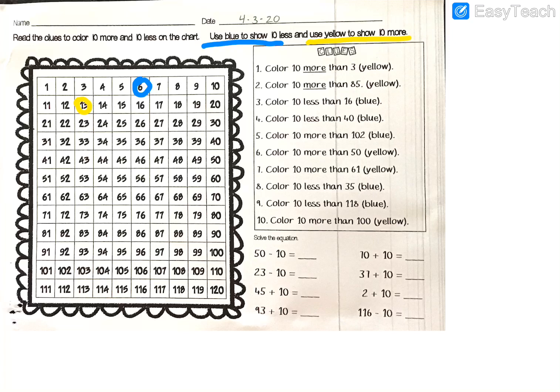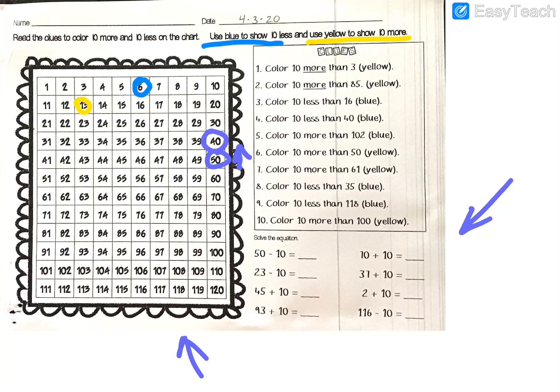When you are all finished with numbers 1 through 10, you're going to look at the bottom part right here, and it says solve the equation. Now, they did not give you a space to work here because they want you to be doing this in your head. If you need to use the chart to help you out, you can do that. So if I find 50 on the chart, let me see, where is it? 50 is right here. It says 50 minus 10. I know that when I take away 10, I'm moving up the chart this direction.